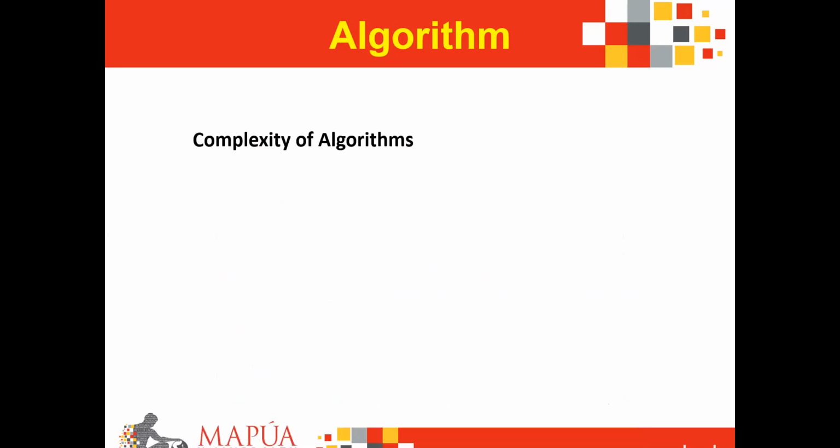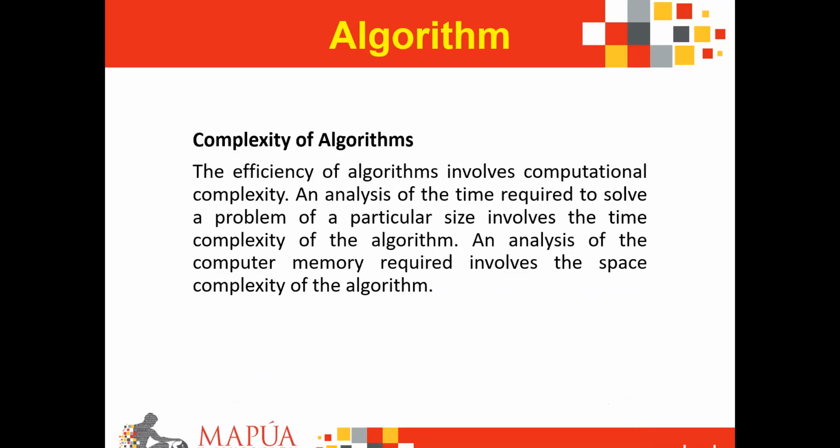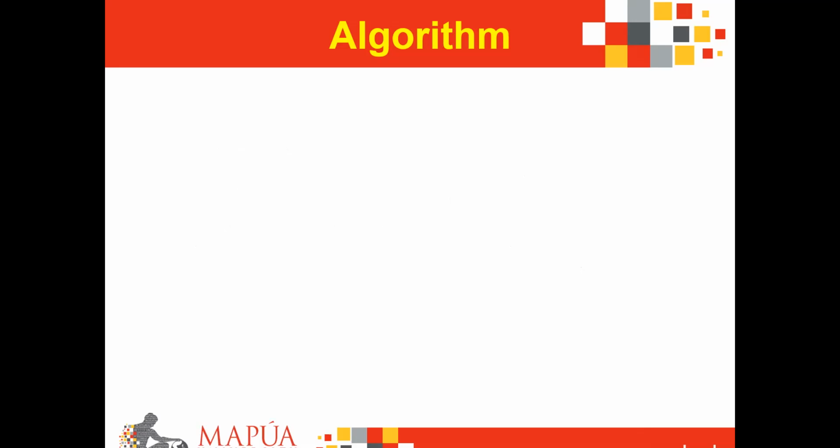Complexity of algorithms. Complexity of algorithms often refers to the efficiency of algorithms, which normally involves computational complexity. Basically, this is an analysis of the time required to solve your given problem of a particular size. The analyses are often based on different factors.